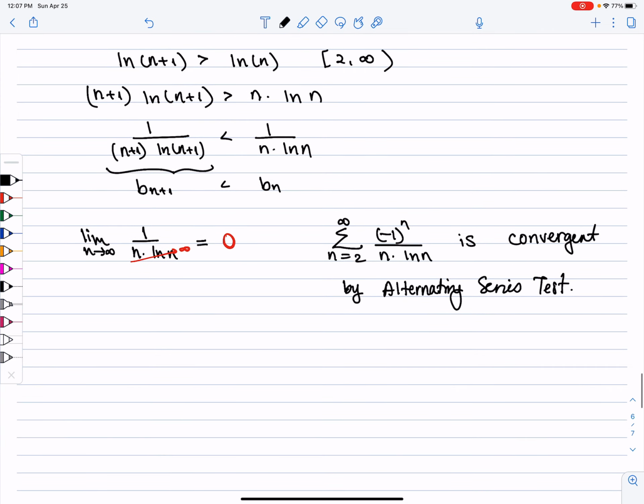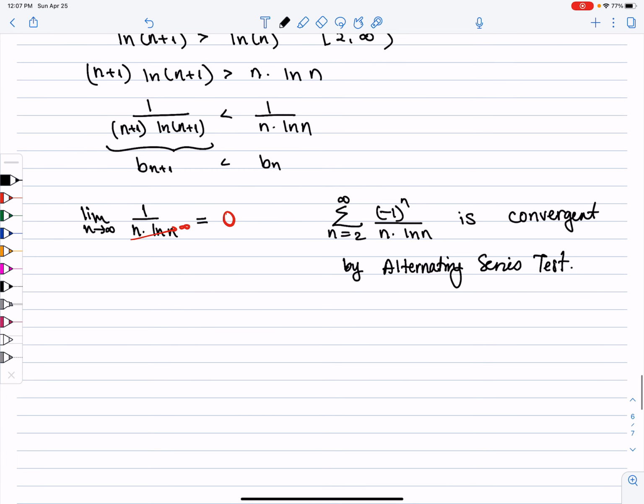All right, that's not our final answer. What was our final answer? We were trying to establish if the series is absolutely convergent, conditionally convergent, or divergent.